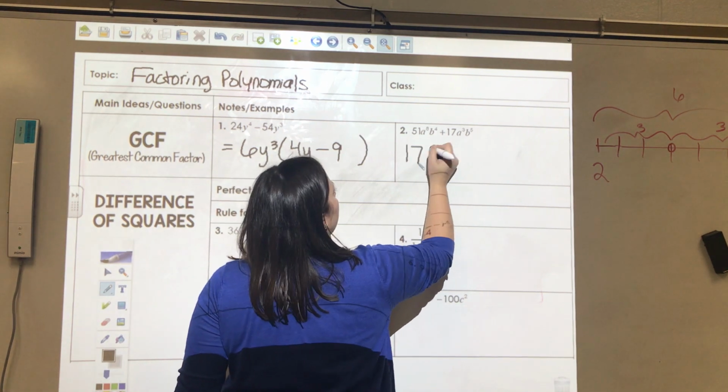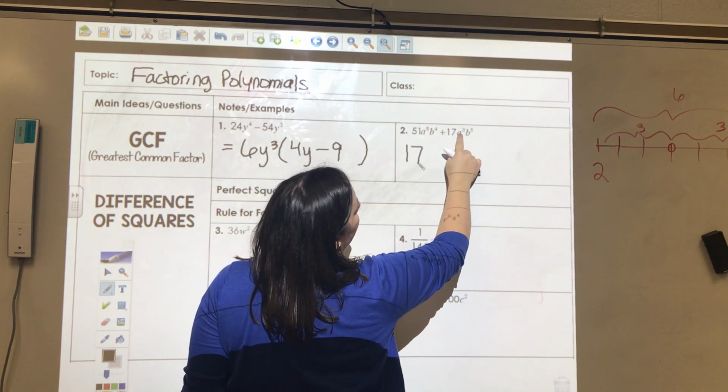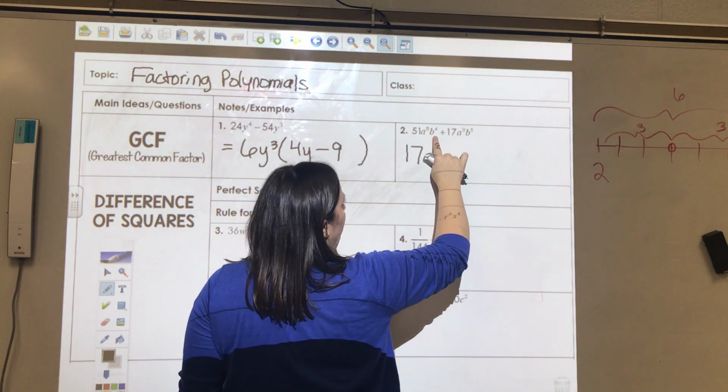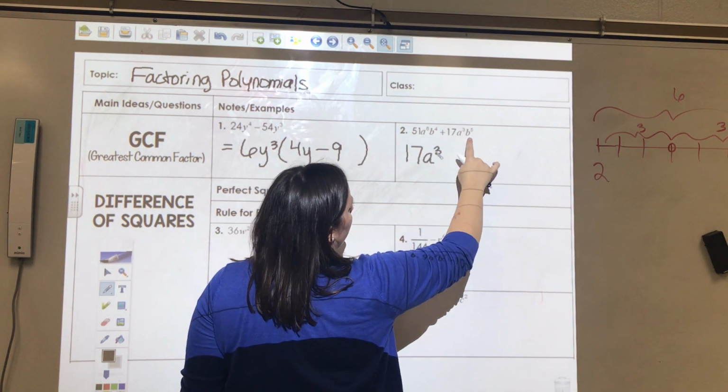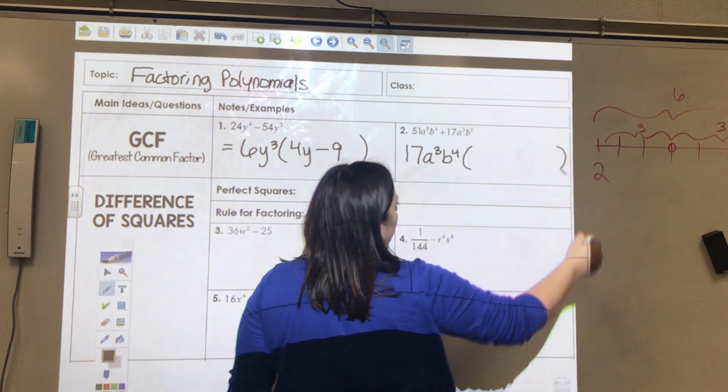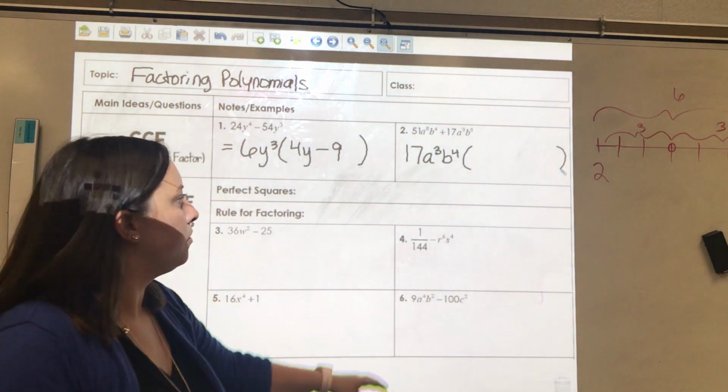So 17, and between a to the 8th and a to the 3rd, the smallest one we choose, so a to the 3rd. Between b to the 4th and b to the 5th, choose the smallest one, b to the 4th. Now we've got to figure out what goes inside.